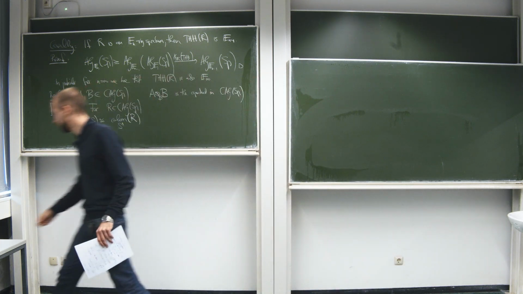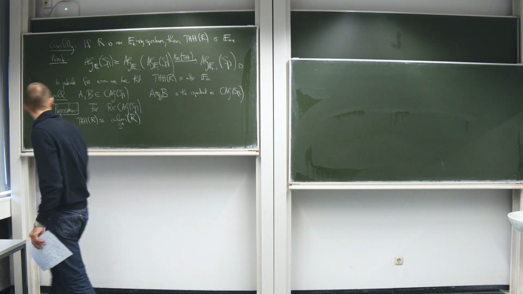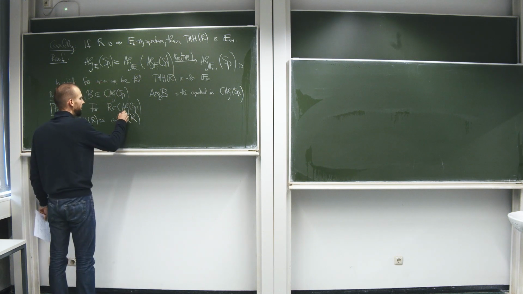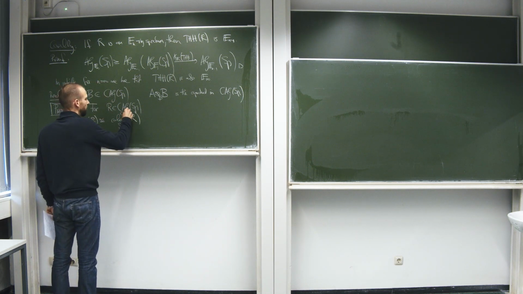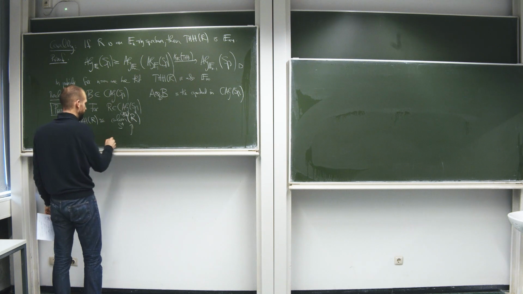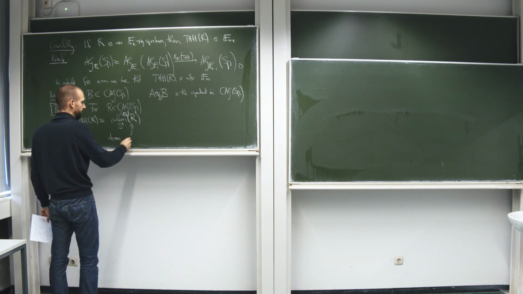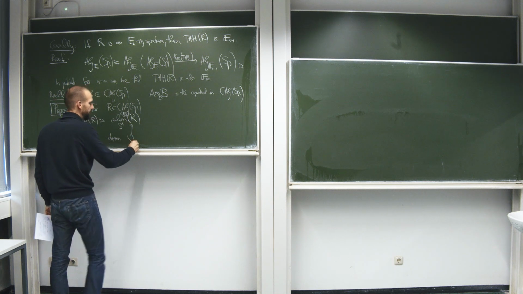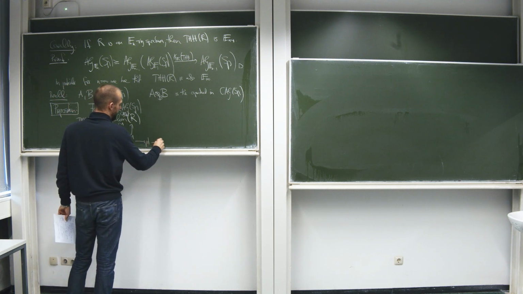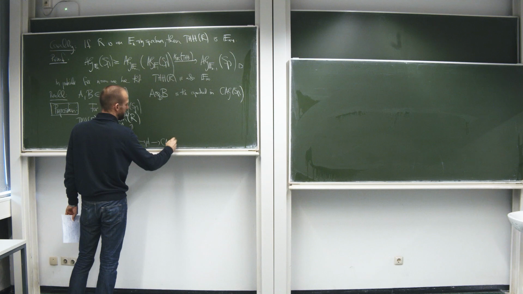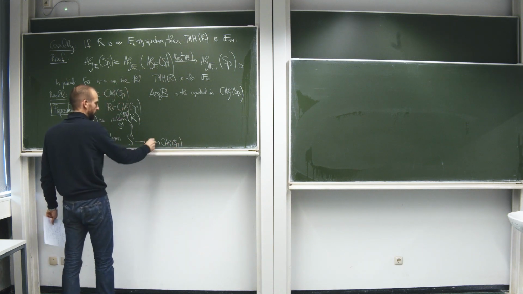By this I just mean the constant diagram with values in R, and that is in the category of commutative algebras in spectra. So this is a diagram which goes from S1 to the point and then into the category of commutative algebras in spectra, where I just put R here.